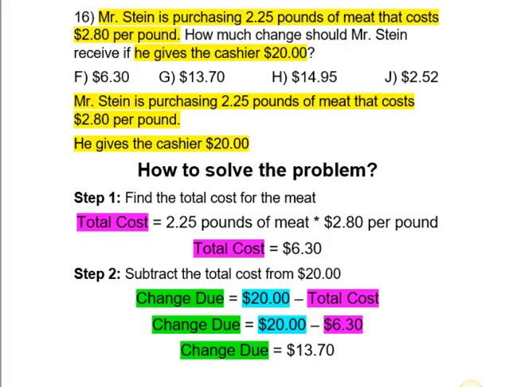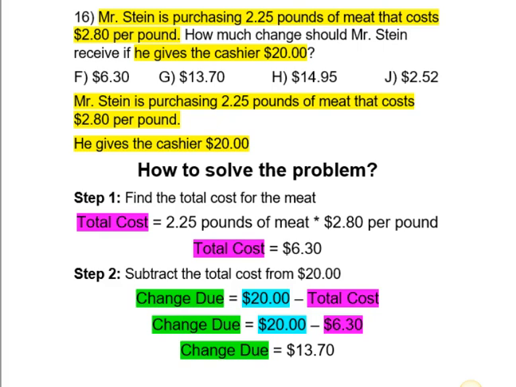How do we solve the problem? Well, this is a two-step word problem. First, we need to find the total cost for the meat. In order to do that, we must multiply 2.25 pounds of meat times $2.80 per pound.